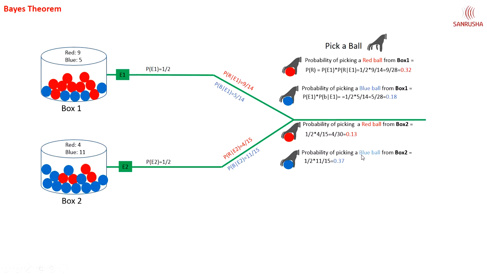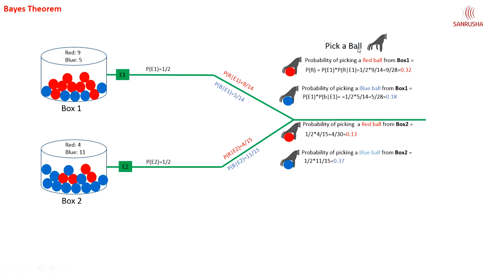And the probability of picking a blue ball from box 2 is 1 by 2 into 11 by 15, 37%. So this answers the question behind each probability. Now you can calculate any kind of possible probability.